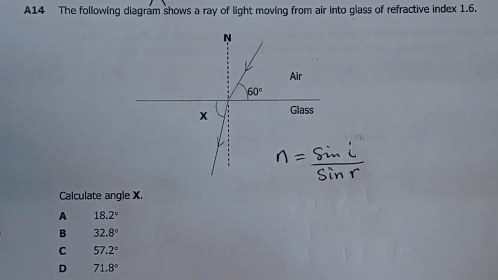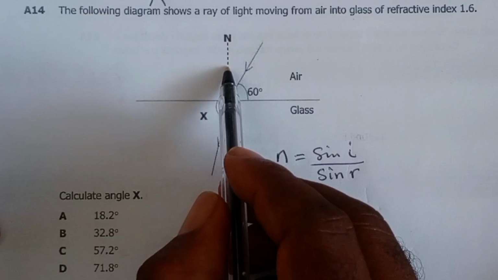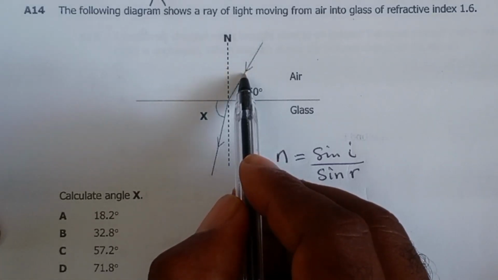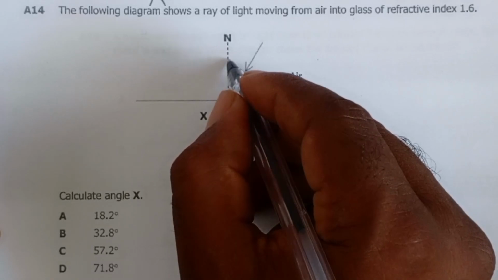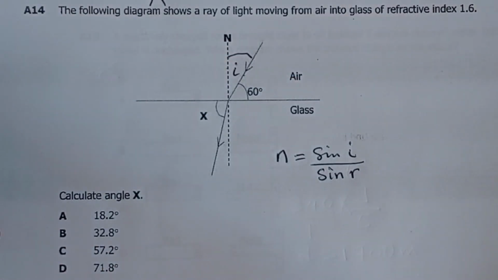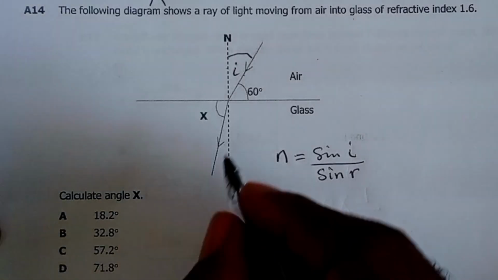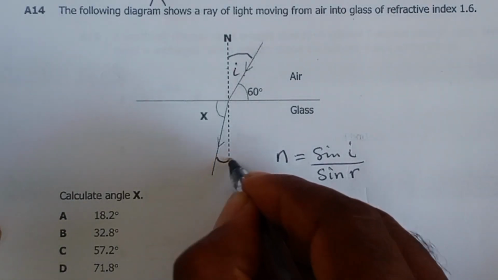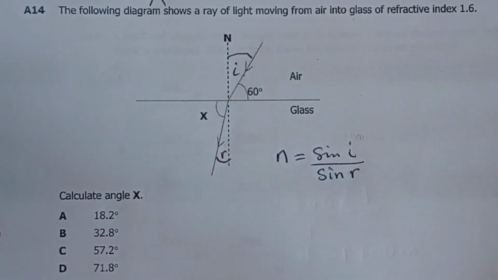So you need to understand that the angle between the normal and the incident ray is called the angle of incidence. Remember that the angle between the refracted ray and the normal is called the angle of refraction.